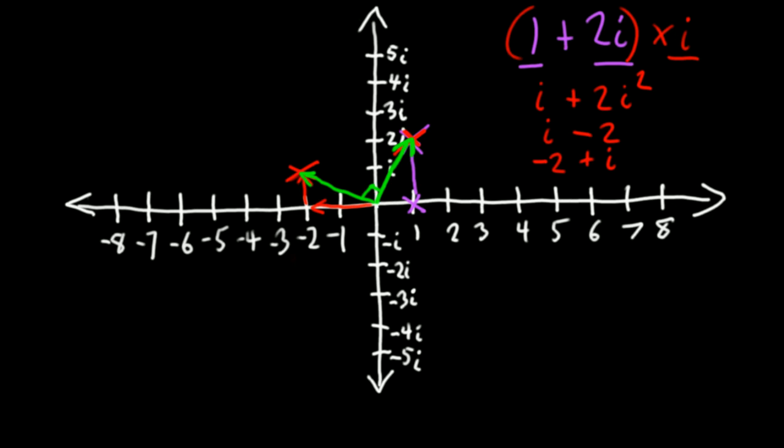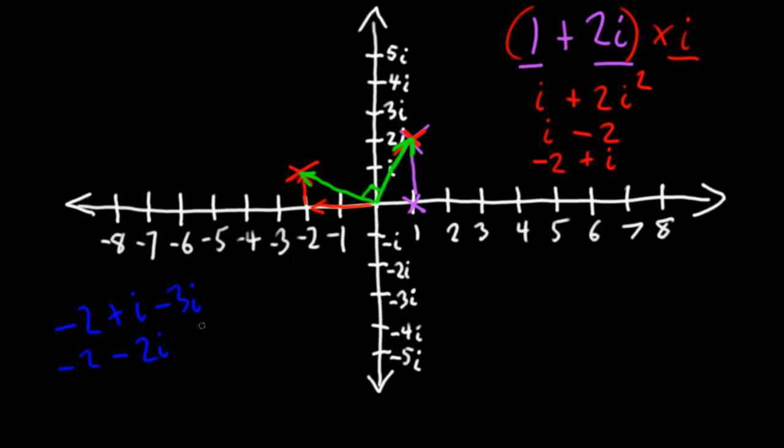Now let's try taking this point. We have this point -2 plus i. And if we were to take that and let's say subtract something, let's subtract 3i. Well, -2 plus i minus 3i, that's minus 2i. So if we subtract 3i, we should end up at -2 minus 2i.